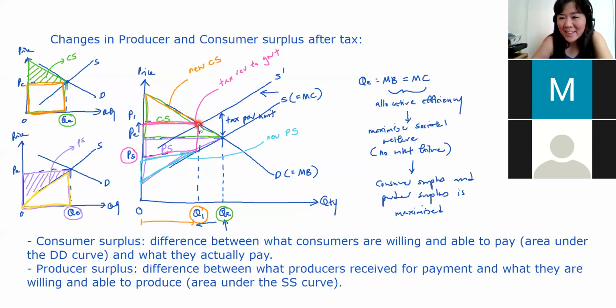Make sense? Okay, but not all is lost. Out of this much of consumer surplus that's lost, this rectangle here goes to the government in the form of tax revenue. Understand? All right, so what is actually lost to the consumer is this shaded area here.